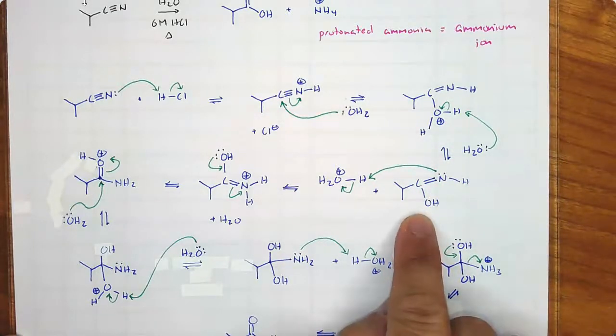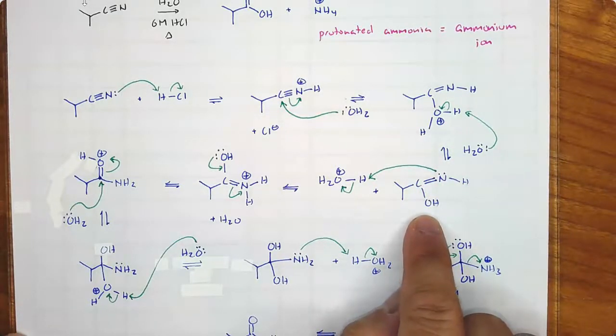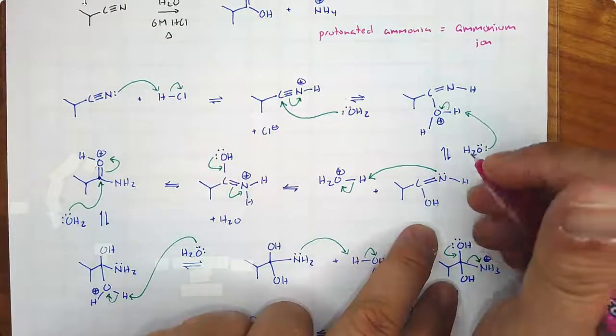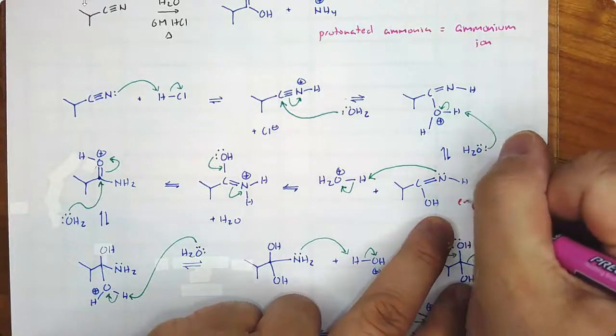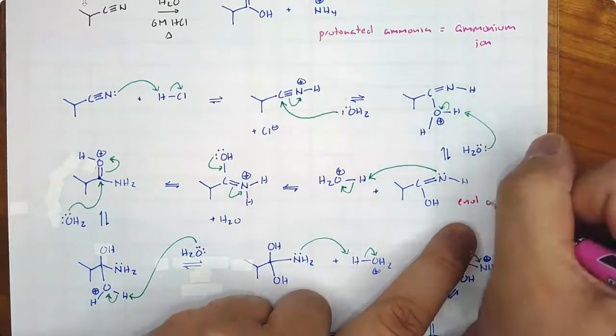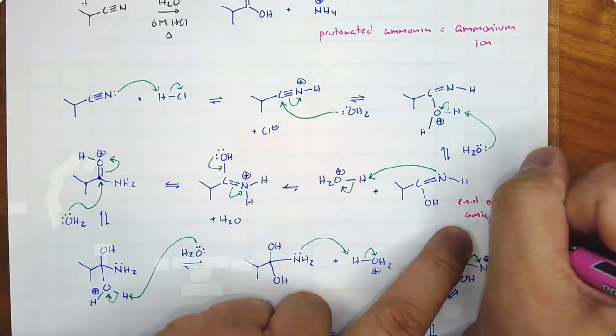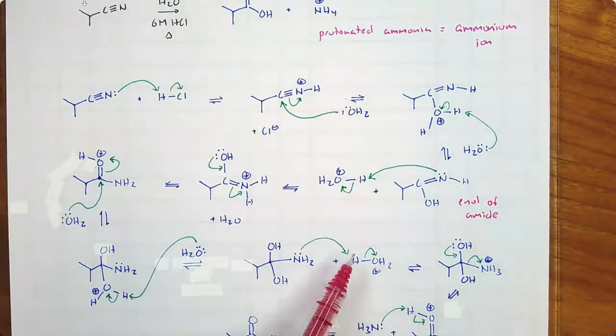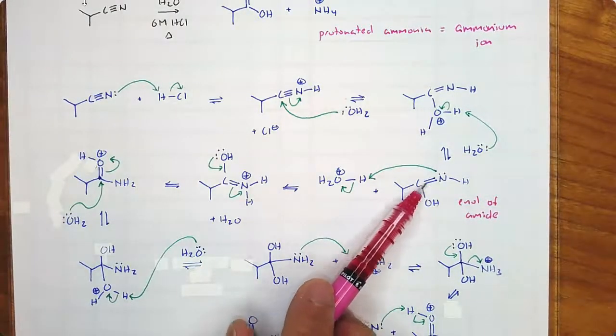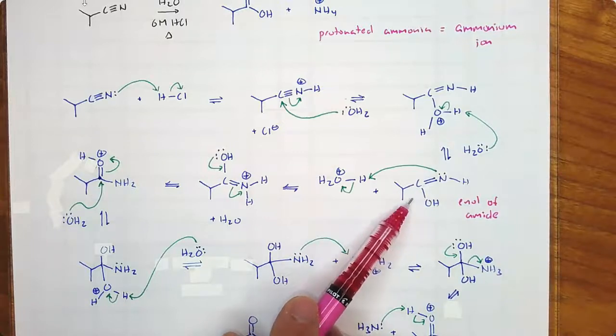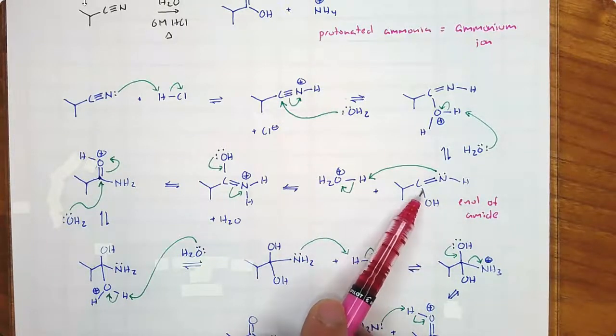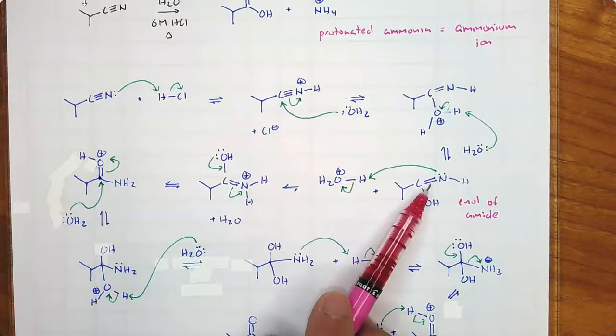And now we are at this point here. If you look very carefully, this is the enol equivalent of an amide. I don't know if you see that, but the enol, remember, has the double bond and then a hydroxyl group. The keto form is if there's a double bond here and a single bond here.